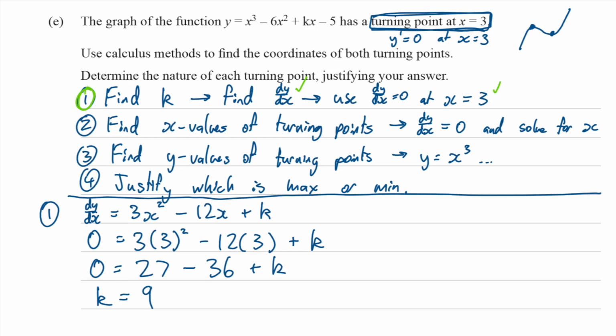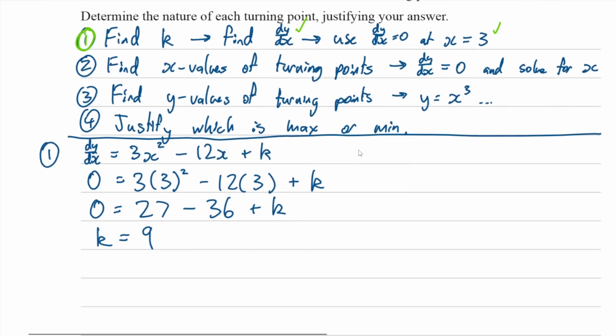Alright, so we did step 1. Go us. Now we need to find the x values of the turning points. Again, we already know one of them, but we need to find the other. So to find the x values of the turning points, we set the derivative equal to 0.